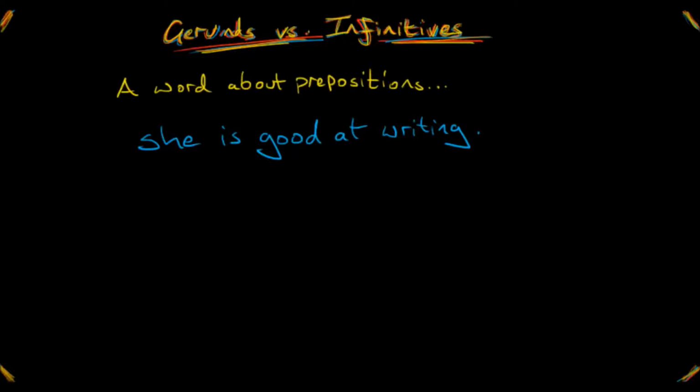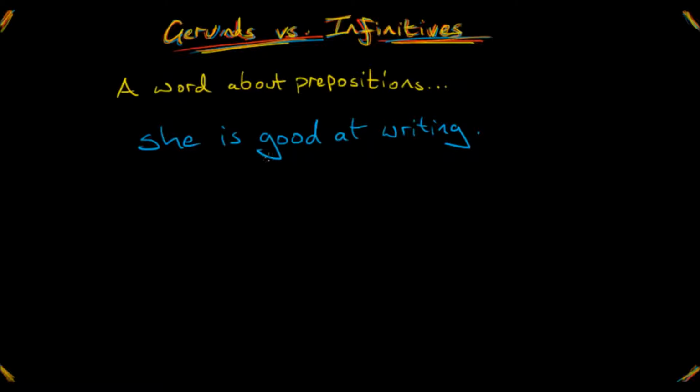Let's take a look at what I mean by that. If we take the sentence "she is good at writing," well, we've got "she is good," and then as we saw in the previous slide, the preposition which attaches to good is "at," and then we're following it with the gerund. So if you're writing something like "she is bad," which preposition attaches to bad?